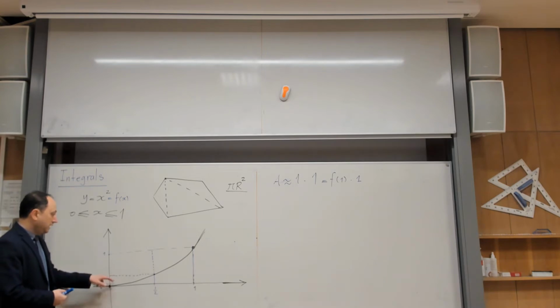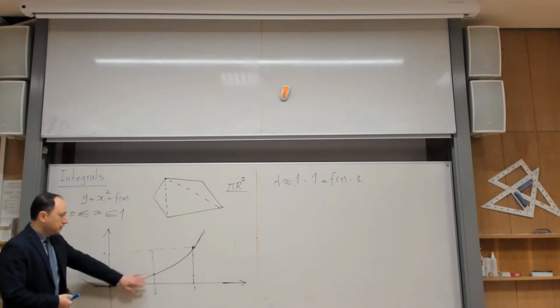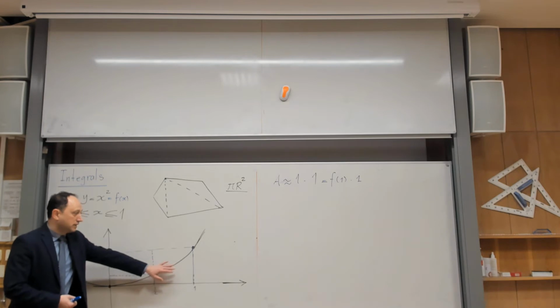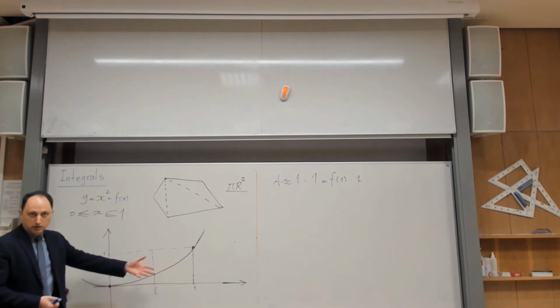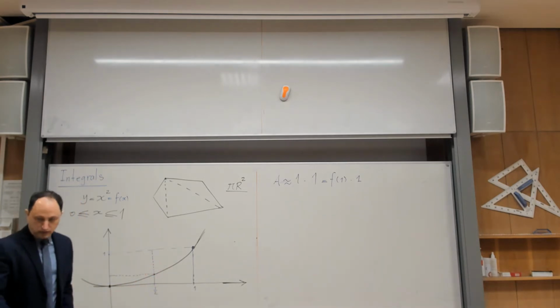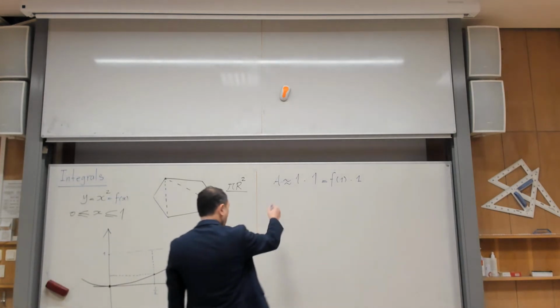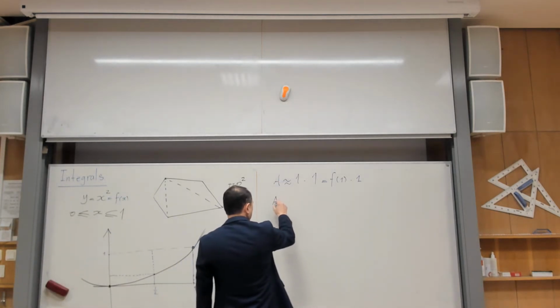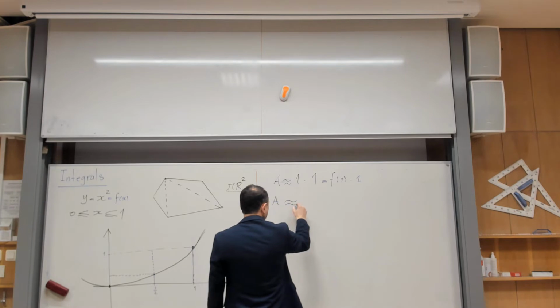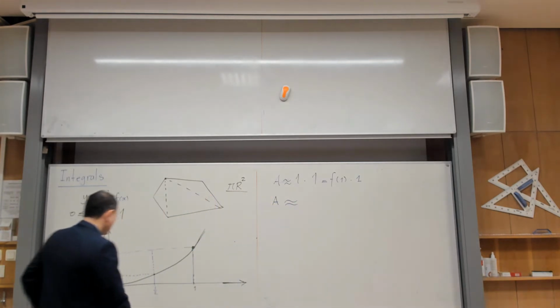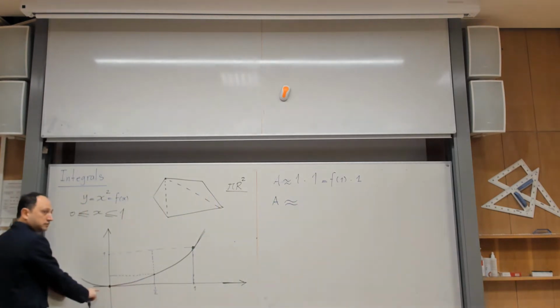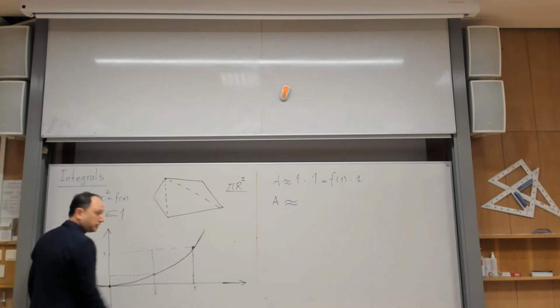If I say the area of this rectangle plus the area of that rectangle is what you want, it's still not exact. Yes? But let me just write it, at least I want you to understand this process. A is approximately still equal to the sum of this area plus the sum of that area.